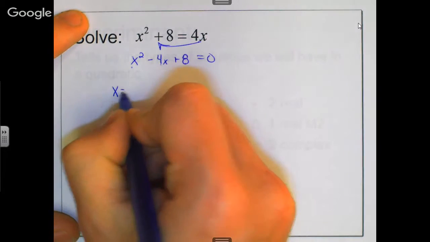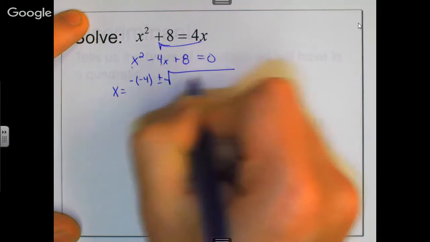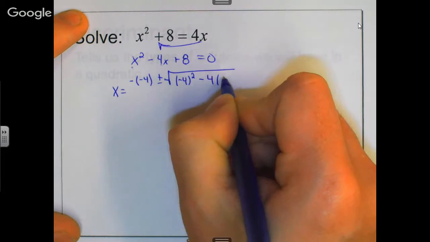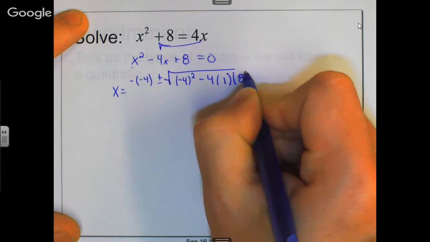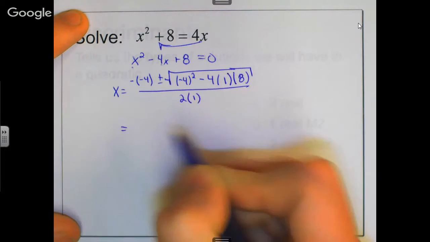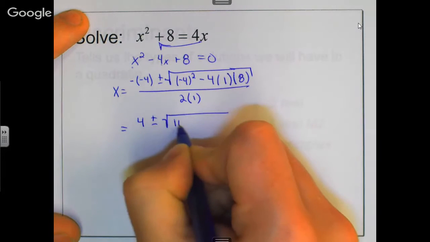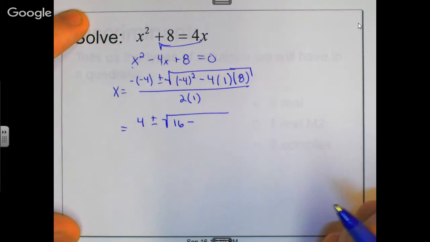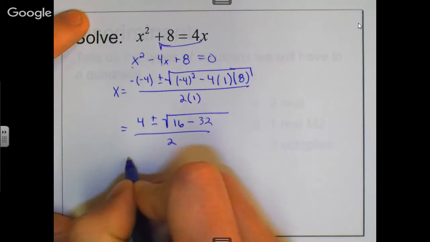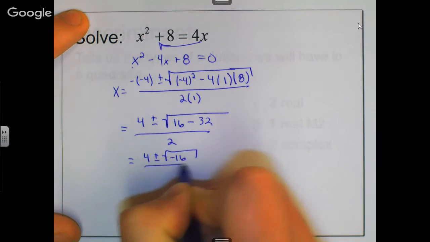So we have x equals -b plus or minus the square root of b squared minus 4ac all over 2a. So I have 4 plus or minus the square root of 16 minus 32 over 2.